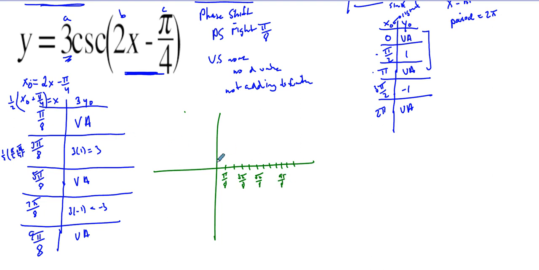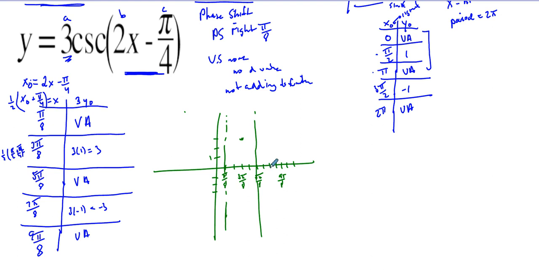I'll go by ones, 1, 2, 3. We'll go by -1s as well. And so here we go. Our first one is going to be a vertical asymptote, right there. And we have another at this one, we have 3, so we'll just put that there. At 5 pi over 8, we're going to have another vertical asymptote.